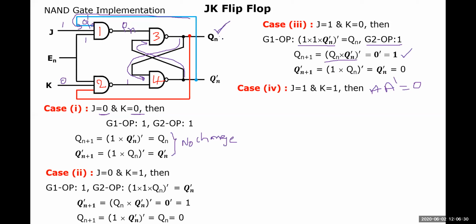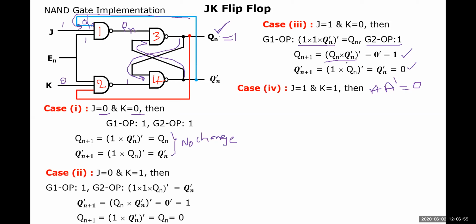Already we got 1 at this place. If you substitute 1 here, 1 into 1 whole complement equals 0. That is why you got 0 here, that is the meaning. So you may take Qn as reference. Otherwise, whatever value you got at Qn plus 1, that value will be substituted, and then you could get the value as 0.